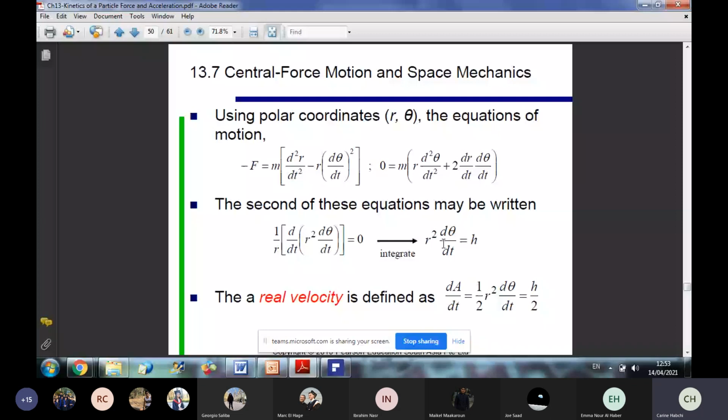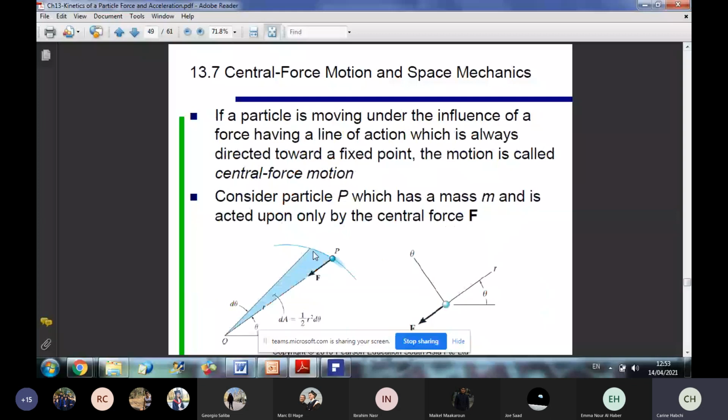But if we analyze r square d theta by dt, if you go back to this figure, dA, the elementary variation in area, can be defined as the area of this triangle. You see this triangle here? This triangle has side length r, and this segment we can consider a very small arc, r d theta. If you have a triangle and want its area, you take base times height over 2. Since the angle is very small, the height is r and the base is r d theta, so the elementary area dA is 1 over 2 r square d theta.